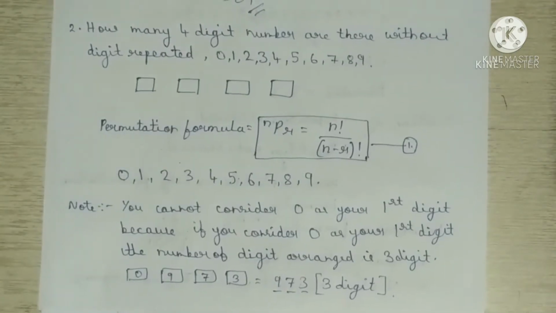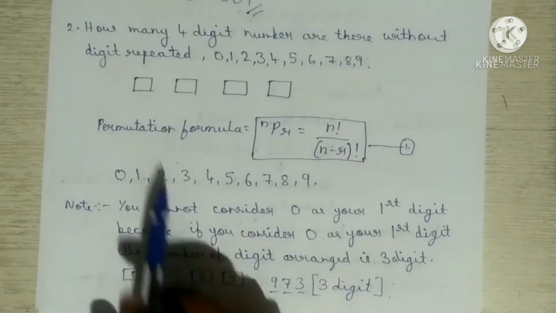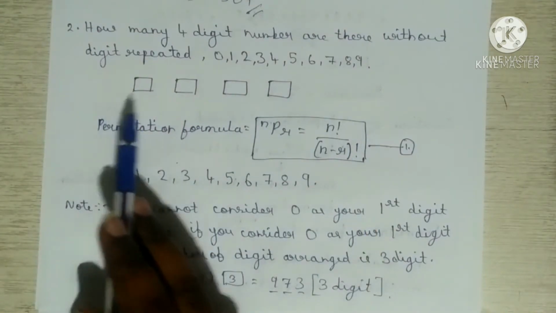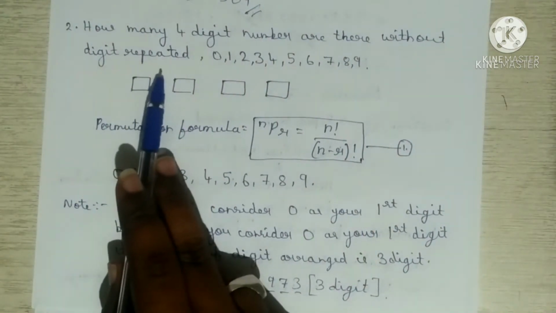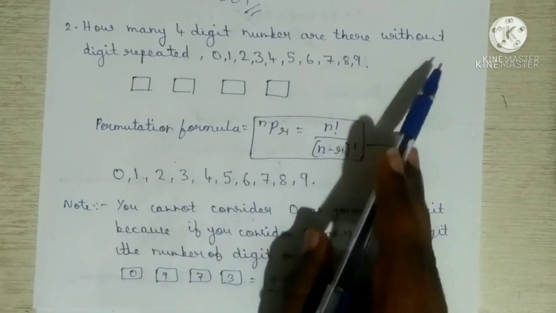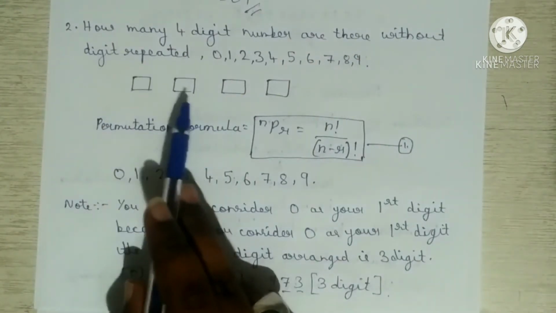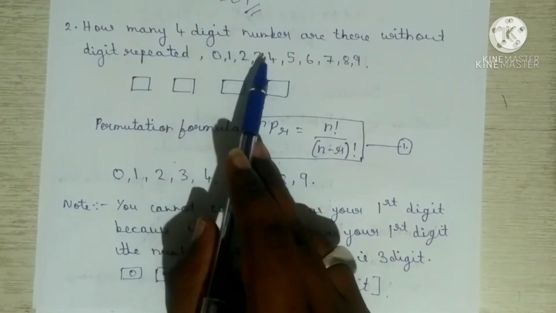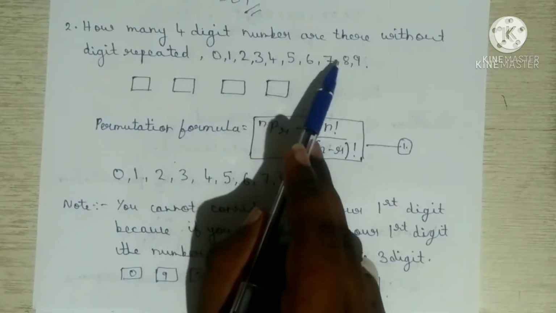Next we'll go with the second question. How many 4-digit numbers are there without digits repeating? That is, no digits are repeated. The digits given are 0, 1, 2, 3, 4, 5, 6, 7, 8, 9.